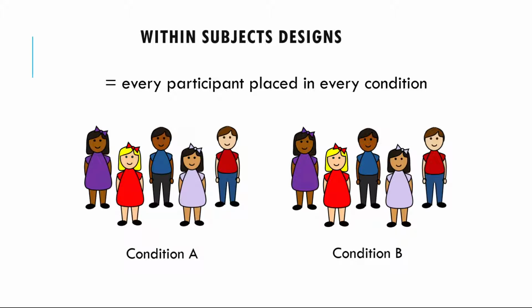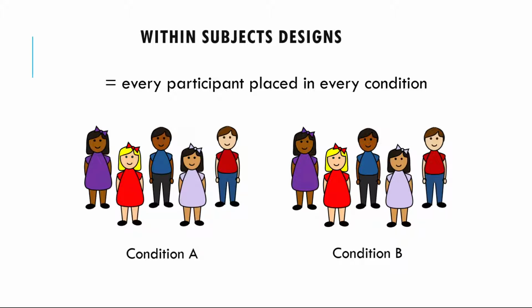Within subjects experiments. In a within subjects experiment, each participant is tested under all conditions. Consider an experiment on the effect of a defendant's physical attractiveness on judgments of his guilt. Again, in a between subjects experiment, one group of participants would be shown an attractive defendant and asked to judge his guilt, and another group of participants would be shown an unattractive defendant and asked to judge his guilt.